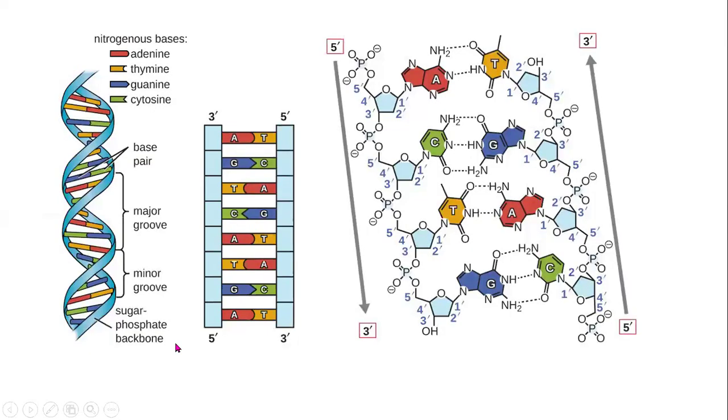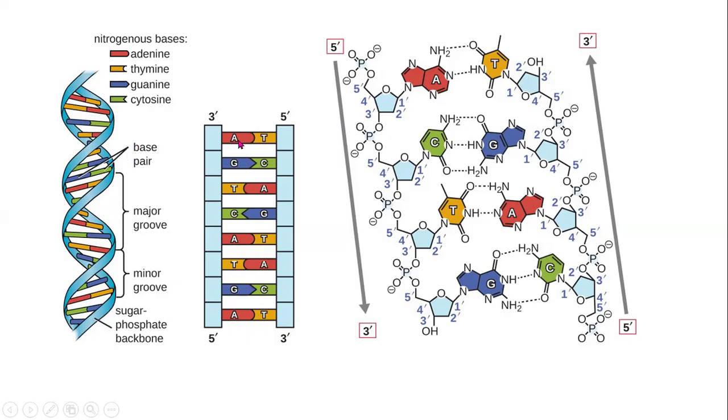So let's look at this picture explaining how the nucleic acid looks. This is the DNA structure. If you look at it, it has these nitrogenous bases: adenine, thymine, guanine, cytosine. It has the base pairing.